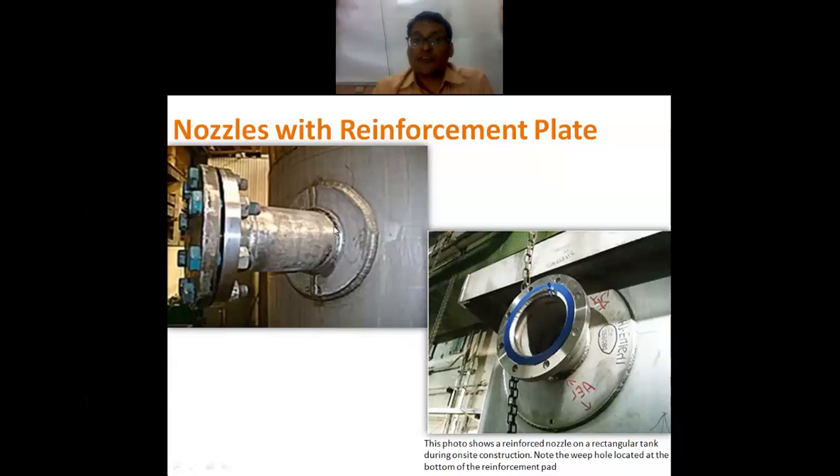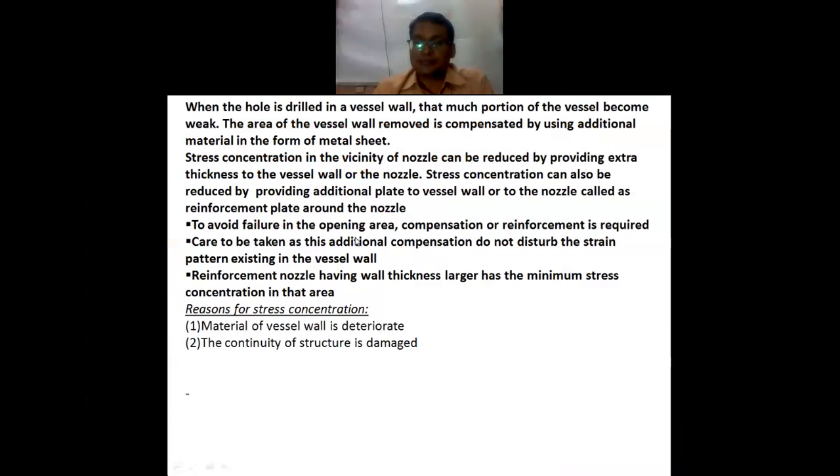The actual diameter of the nozzle is the diameter of the pipe. However, a reinforcing plate is provided. The stress concentration in the vicinity of the nozzle can be reduced by providing this extra thickness to the vessel wall or the nozzle.